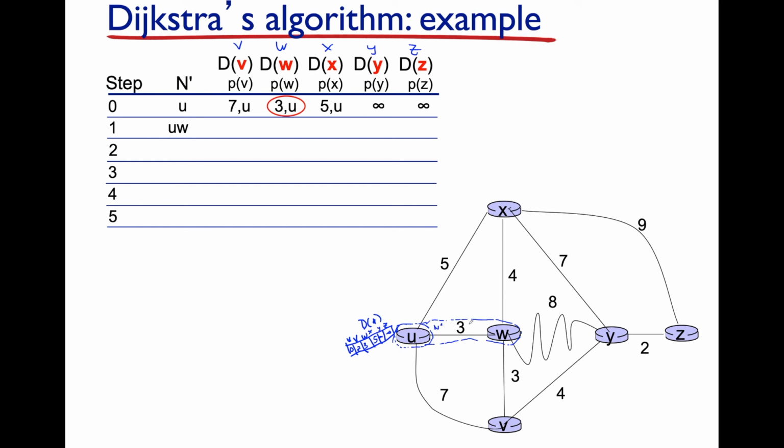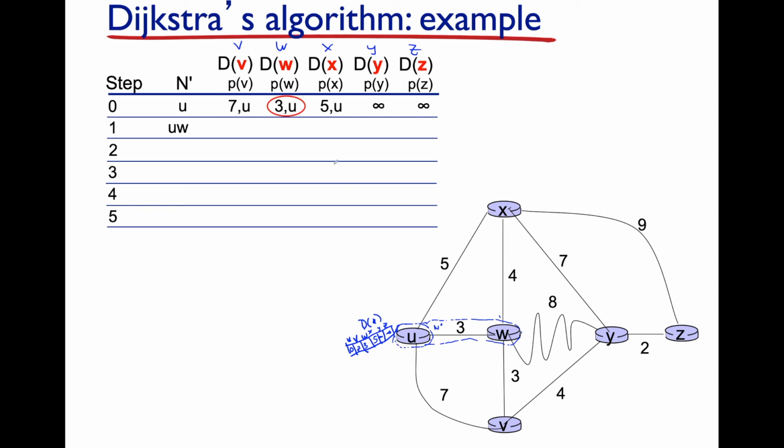It has U and it contains W. So now we look at all the neighbors of W. W has neighbors U, X, V, and Y. Okay, so now we're going to ask the question, is it cheaper to go from U to each one of W's neighbors directly, like it used to, or go indirectly to that neighbor from W? So let's take a look at how this works.